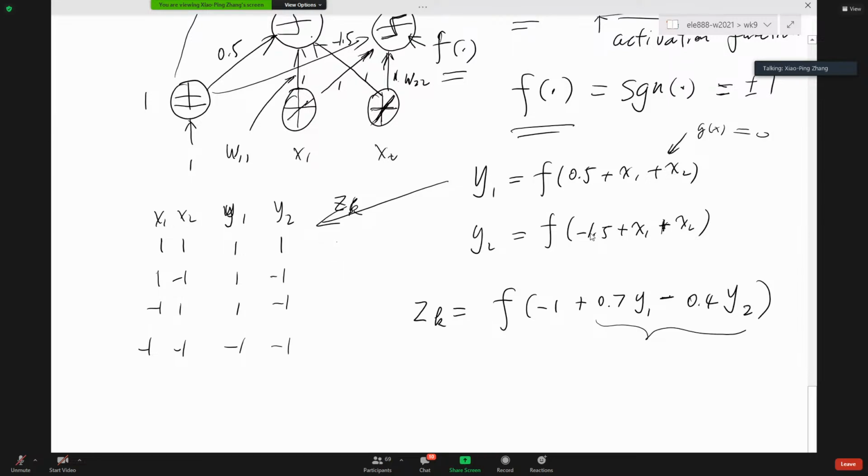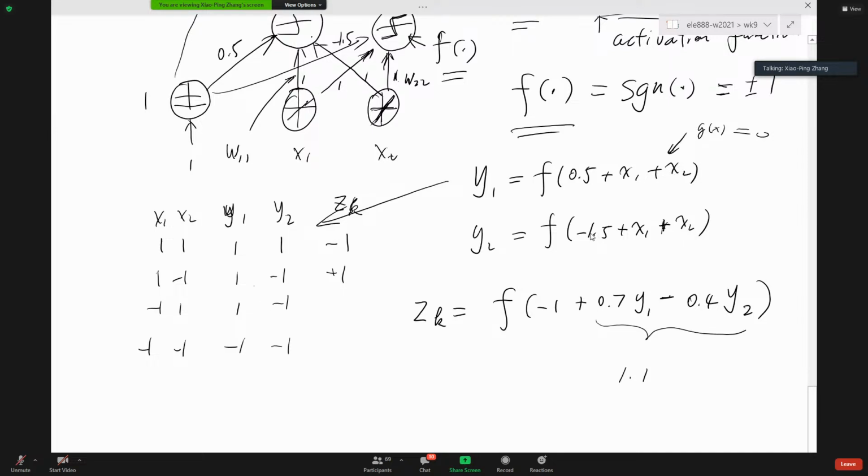Let's look. Okay, if you have 1 and 1, you actually have the negative 1, right? If you have 1 minus 1, so here is 1.1, you actually have positive 1, right?